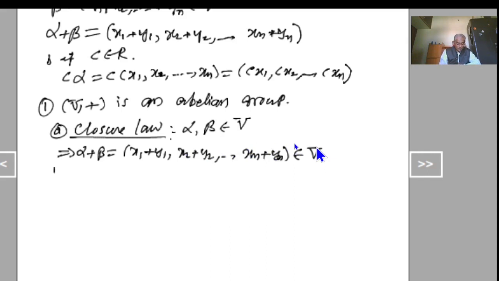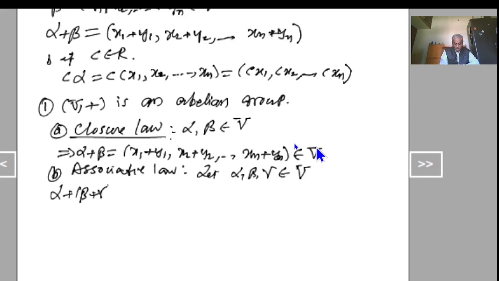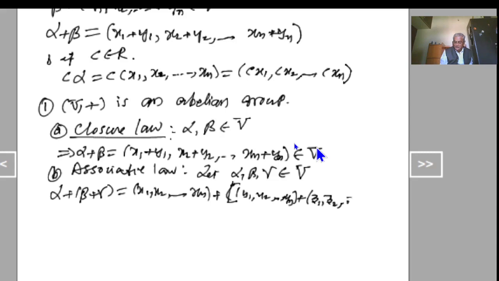And then associative law. Let alpha, beta, gamma belong to V. Then alpha plus beta plus gamma is equal to alpha, which is (x1, x2, ..., xn), plus beta, which is (y1, y2, ..., yn), plus, let me take gamma as say (z1, z2, ..., zn).